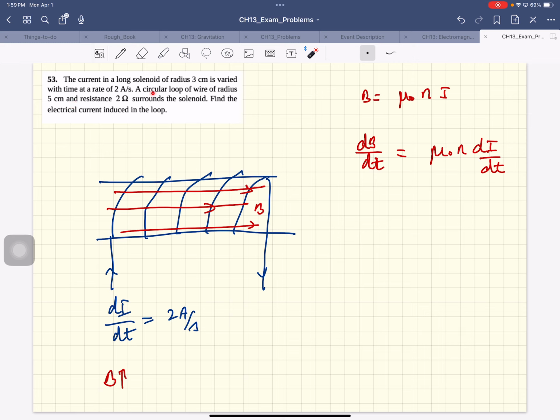A circular loop of wire of radius 5 centimeters and resistance 2 ohms surrounds the column. So now what you have is another wire that surrounds this.